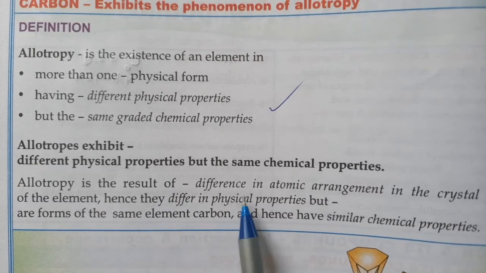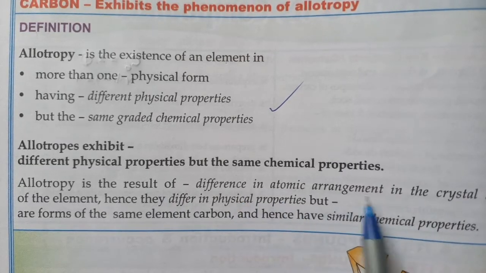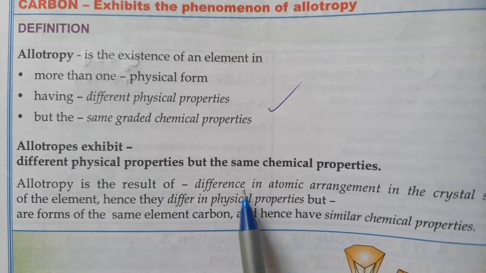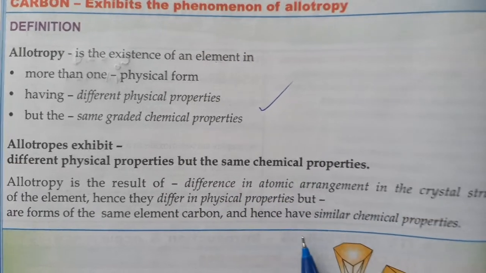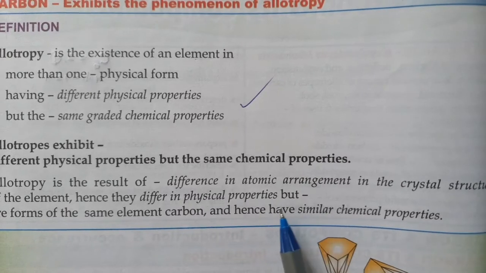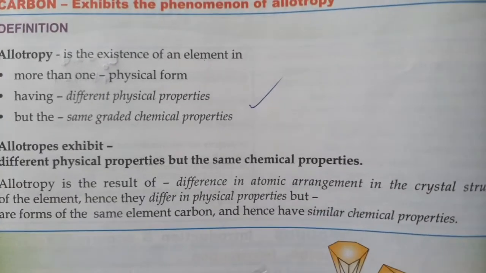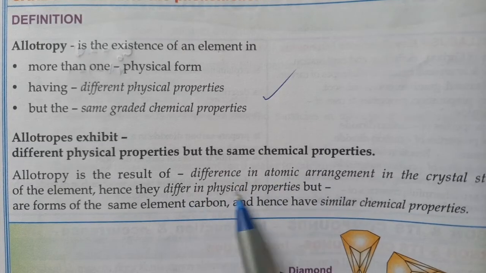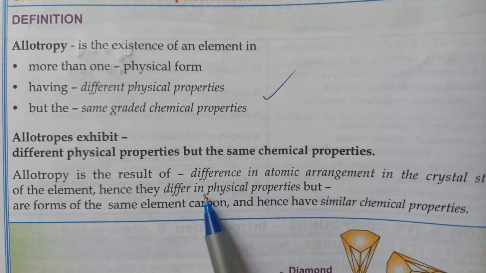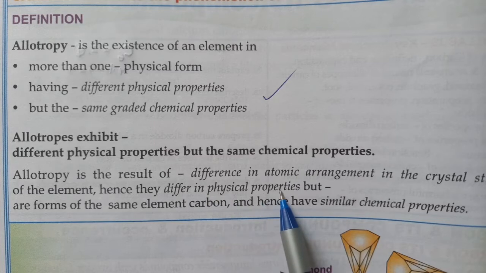Allotropes are a result of differences in atomic arrangement in the crystal structure. When the atoms are arranged differently in the crystal, that gives rise to allotropes. Since the arrangement is different, they show different physical properties.